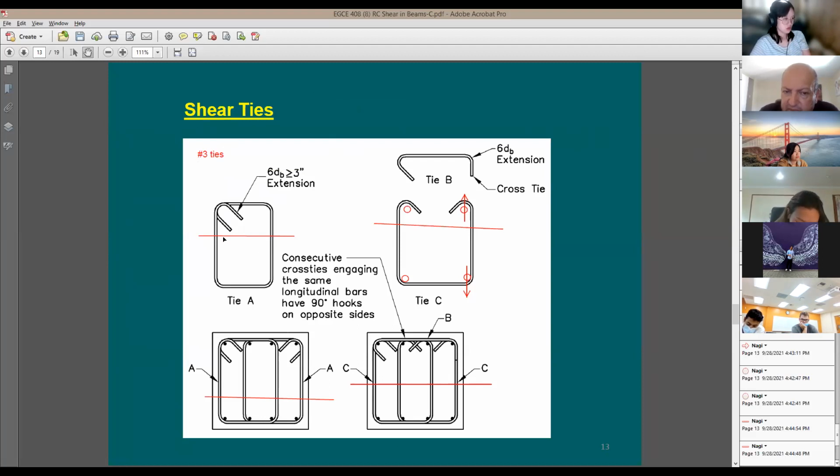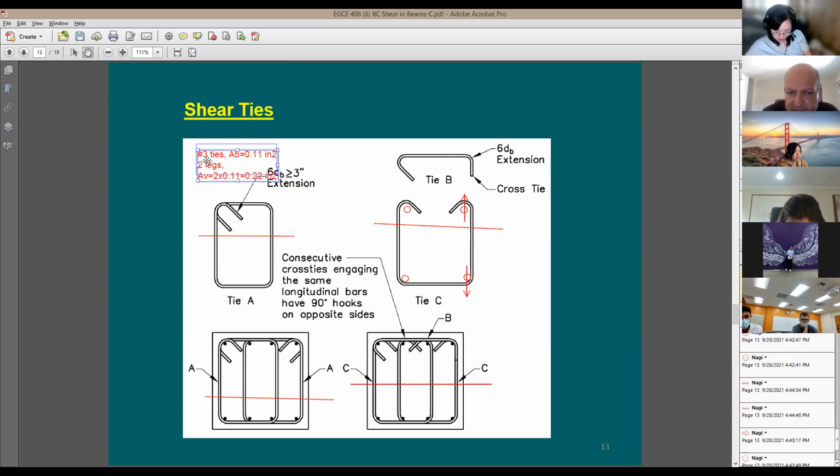How many legs did I cut through? 2 legs. How about A sub b for number 3 ties? The cross-section area for one rebar of number 3 ties is 0.11 square inch. When you have 2 legs, your A sub V, which means the shear cross-sectional area of ties, is equal to 2 times 0.11, which equals 0.22 square inch.